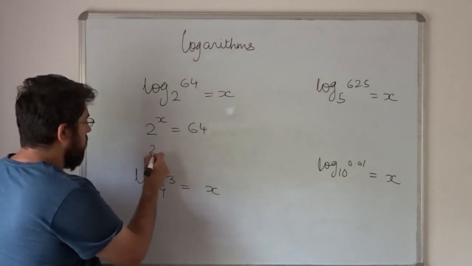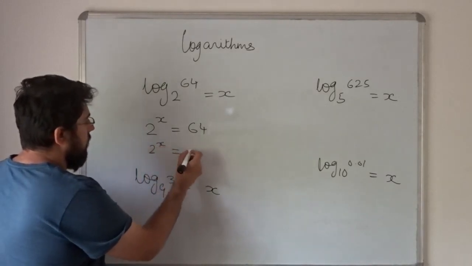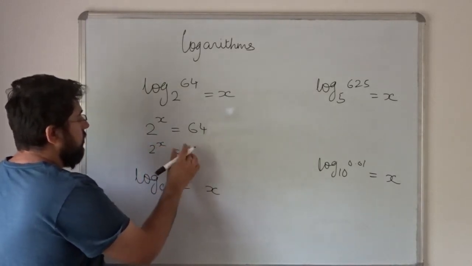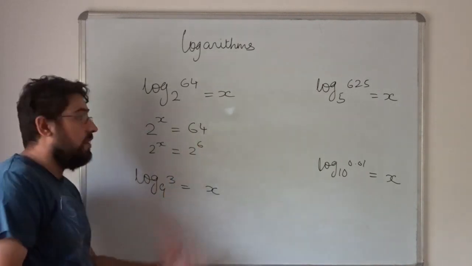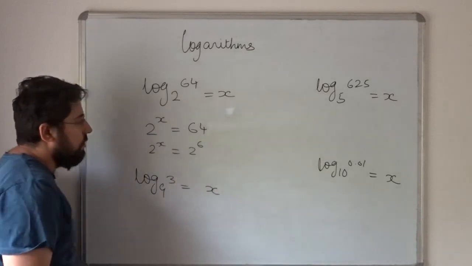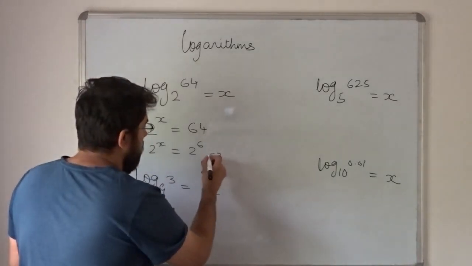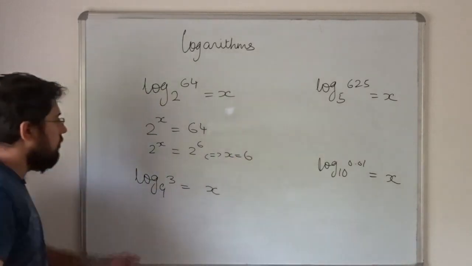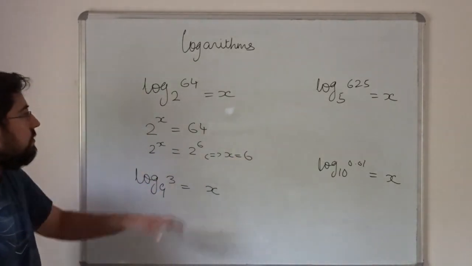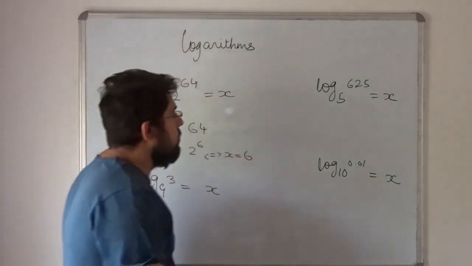So then you have 2 to the power x, and then you have 2 to the power 6, because when you multiply 2 six times, you get 64. And so here, the answer is x equals 6.